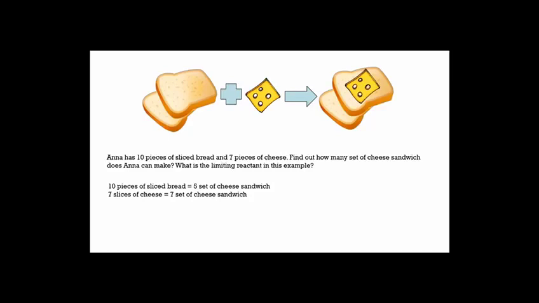Therefore, we can conclude the sliced bread controls the amount of cheese sandwich that Anna can make. So we can say sliced bread is the limiting reactant in our example.